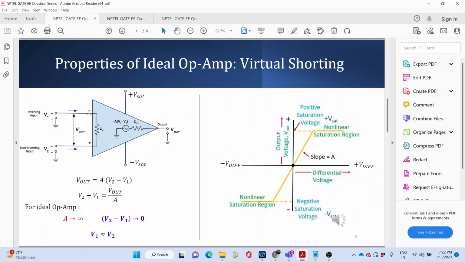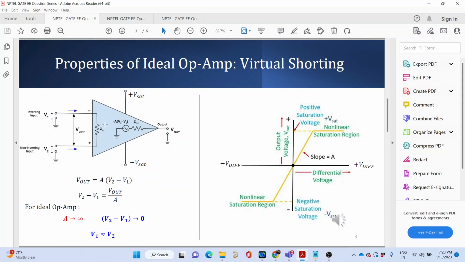How we can model it is, I am saying that it is offering an impedance Zin between these two terminals, and what we are saying is this Zin is very high. If this Zin is tending to infinity, then the current, which is indicated in blue ink, would be 0 because it is open circuited.